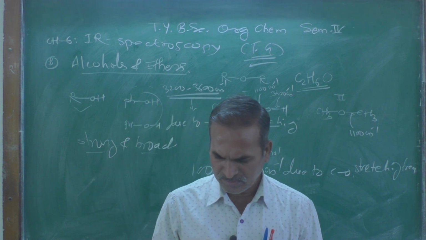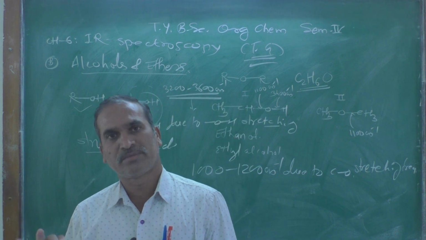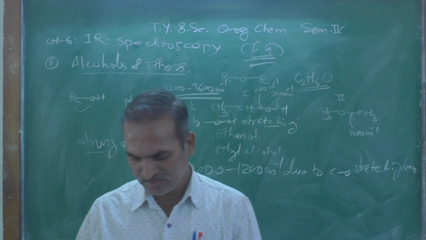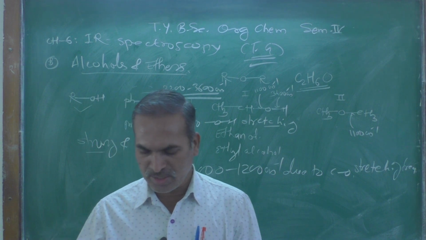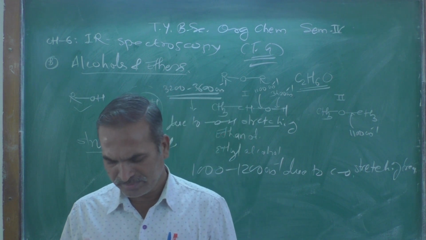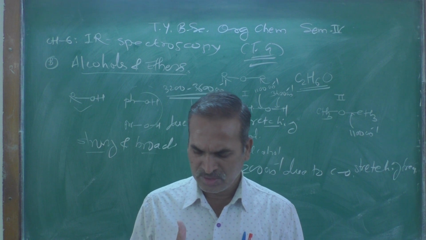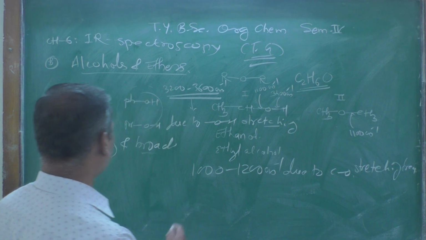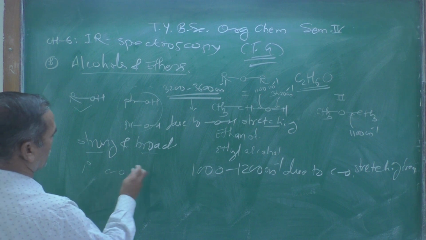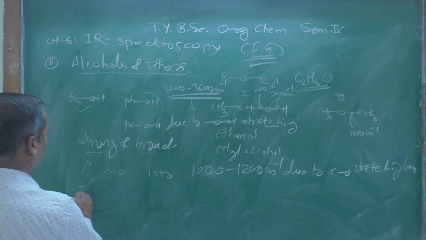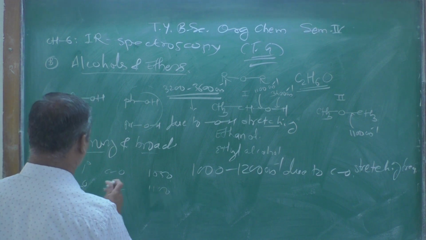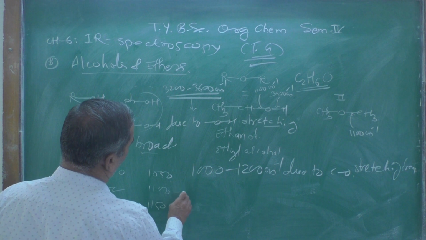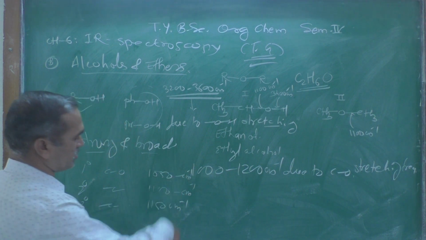For primary alcohols, the CO stretching is about 1050 per centimeter. Secondary alcohols, CO stretching about 1100 per centimeter. Then tertiary alcohols, CO stretching about 1115 per centimeter. These are the frequencies shown over here.